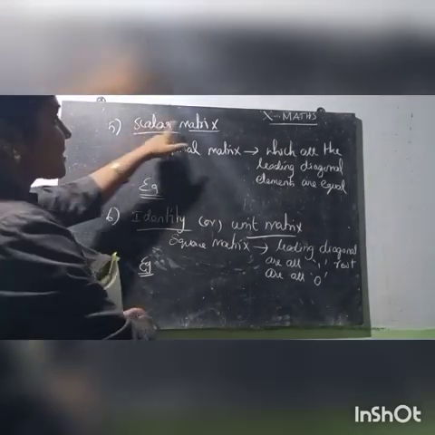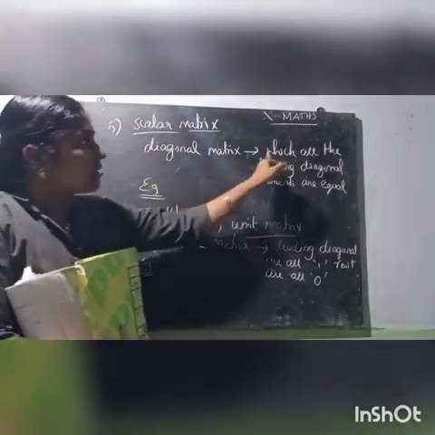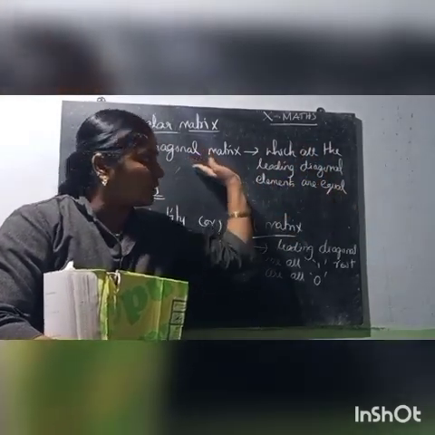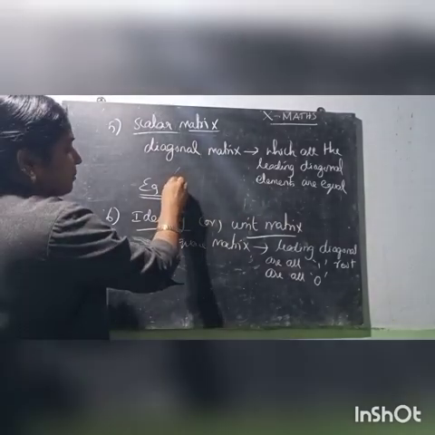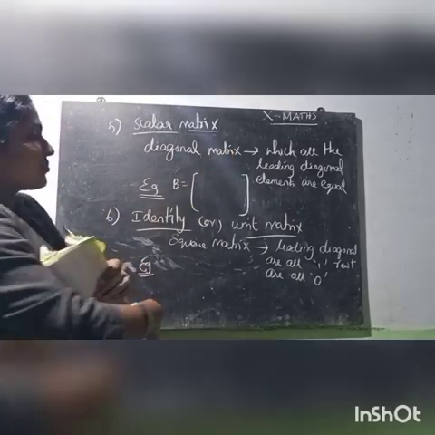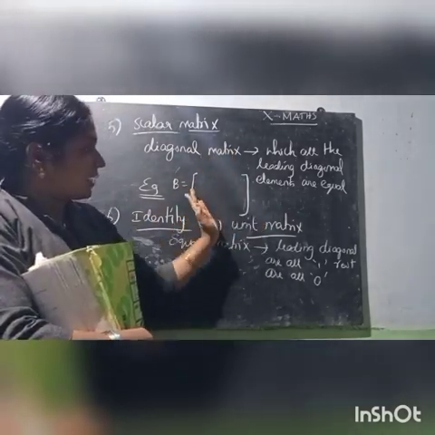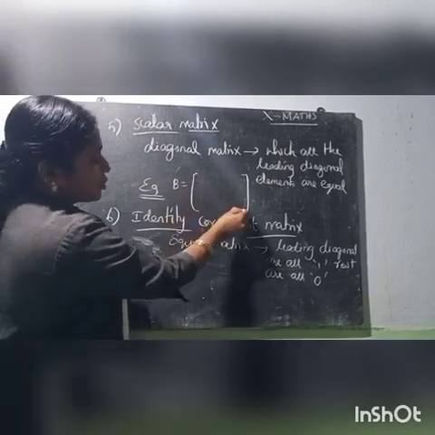Next one is scalar matrix. A scalar matrix is a diagonal matrix in which all the leading diagonal elements are equal. For example, matrix B equal to, we know diagonal matrix means only the leading diagonal will have numbers, other than diagonal elements are 0. So here all diagonal elements should be the same.